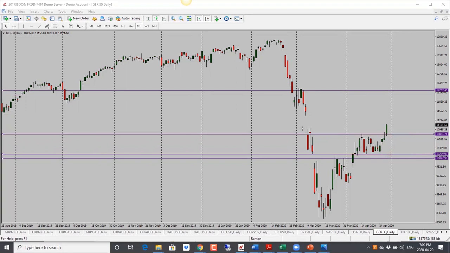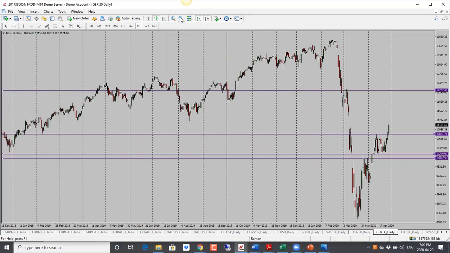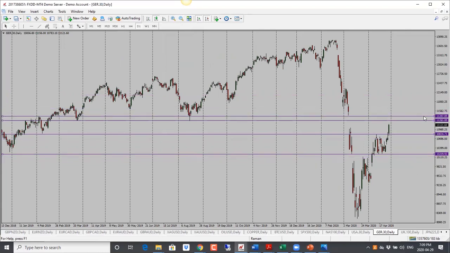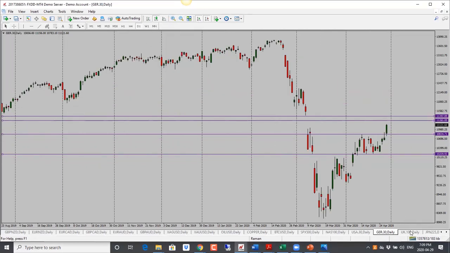And now price has gone above this level where we saw the big drop. So the market is essentially retracing its steps. And at this point, this one is looking bullish here. Next target is 11,265. And then above that, 11,400. So bias is bullish here for DAX.